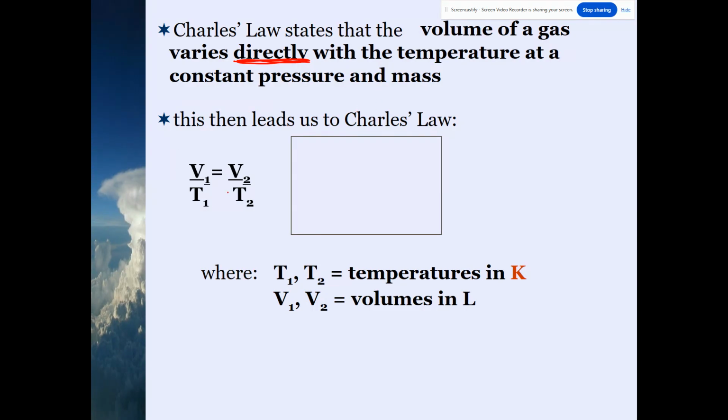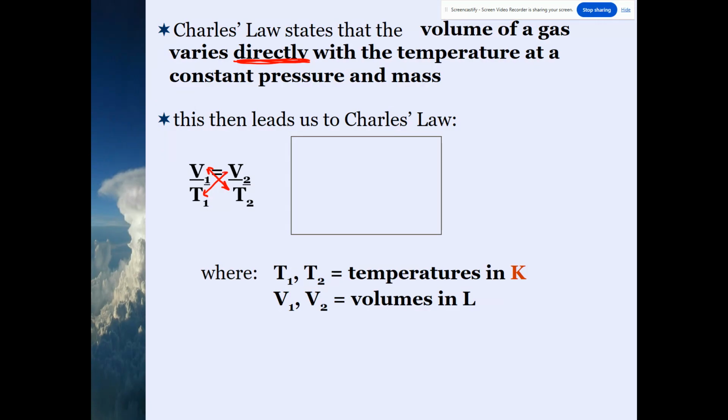Now, if you look in your textbooks, your formula will say the relationship stands as V1 over T1 equals V2 over T2. When we have two fractions like this, it makes it hard to solve for. When I'm rearranging this formula, no matter what variable I'm solving for, my first step would always be to cross multiply.